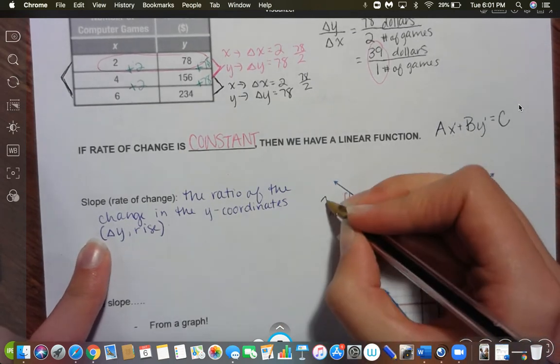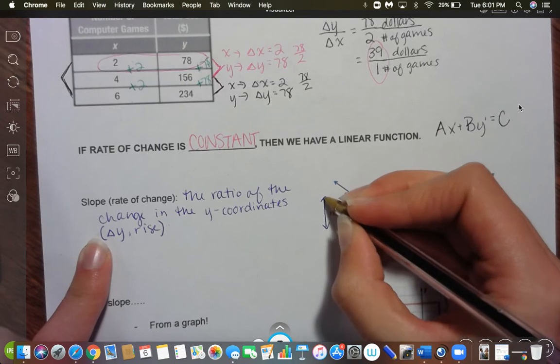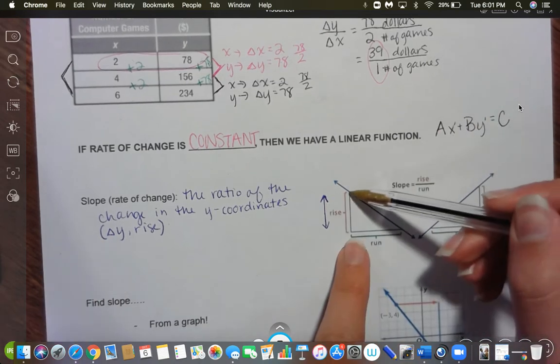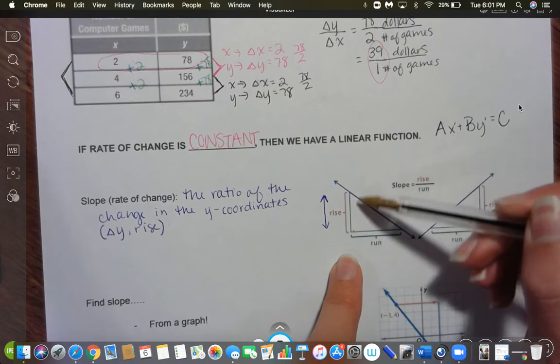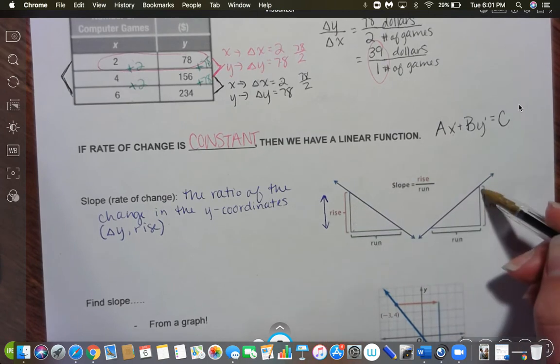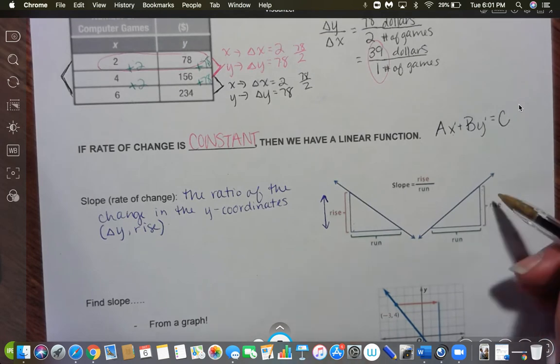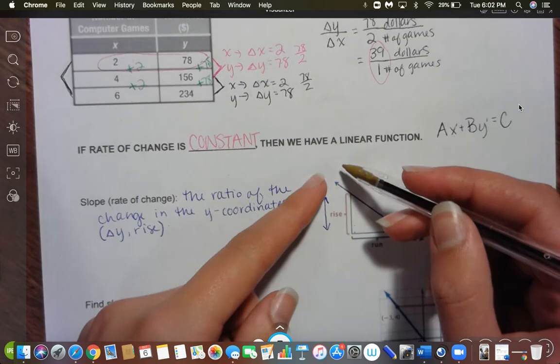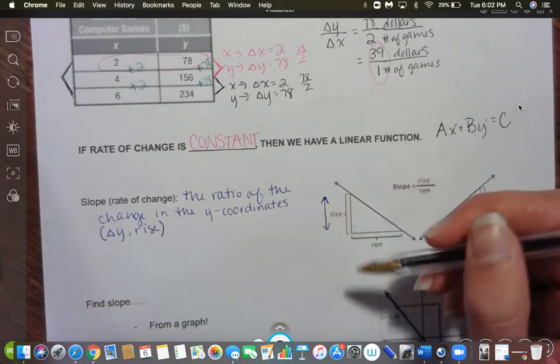Rise can go up and down. All right, so on this one, our rise is down. We shift down. On this one, our rise is up. All right, and we'll talk a little bit more about how we know that. But just know that rise doesn't necessarily mean up. It just means whether you're shifting up or down.